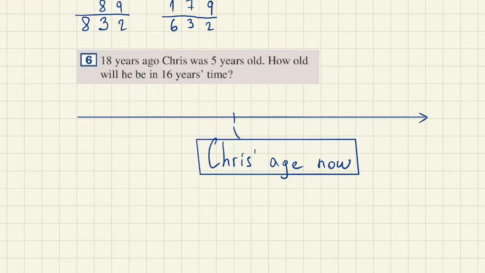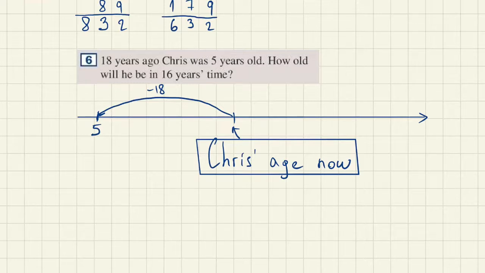Chris's age now is here, and we don't know what it is. So we know that 18 years ago, Chris was 5 years old, right? So if we go 18 years back in time, we will get 5. So this is if we do minus 18, right? So we can actually find what his age is here, right?